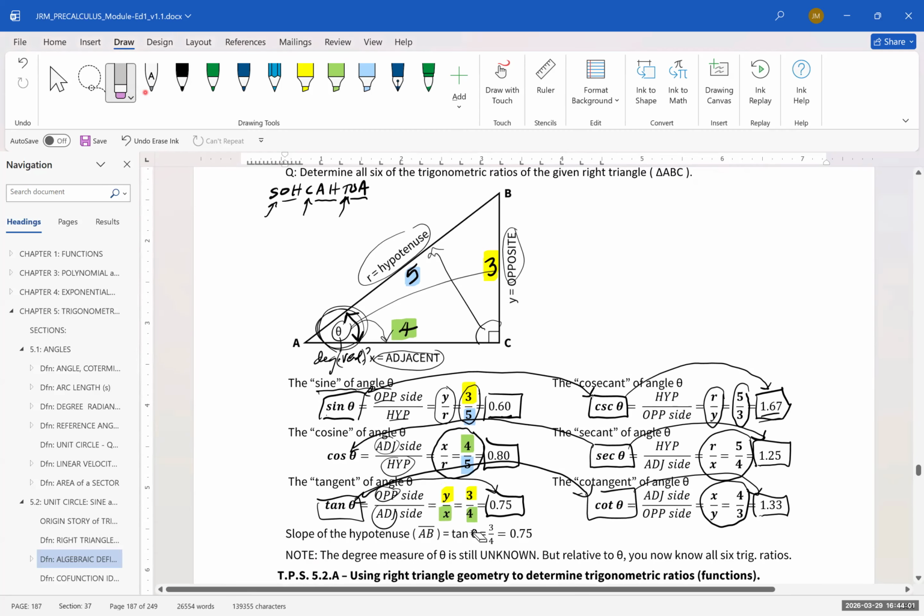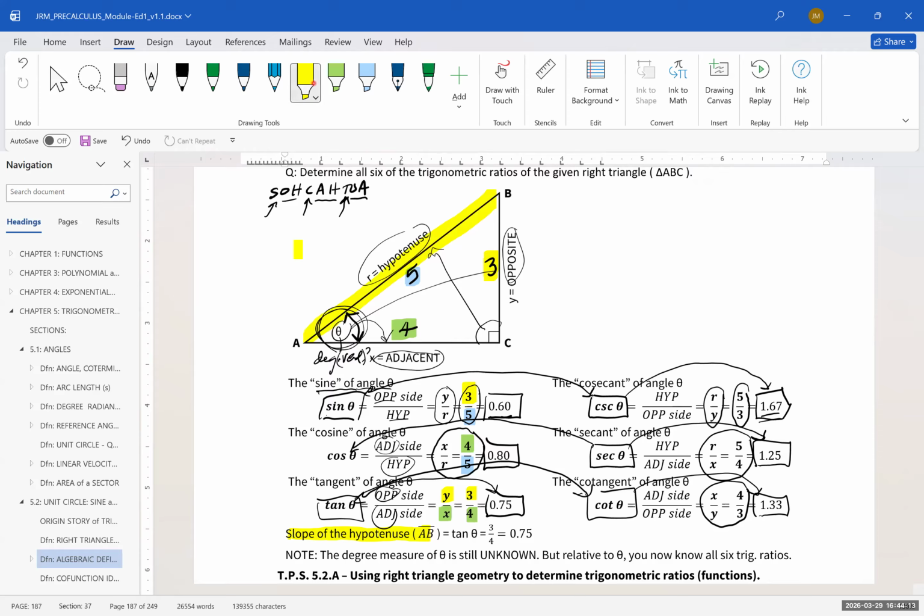Now let's say we wanted to know the slope of the hypotenuse. Here's the hypotenuse, and slope is rise over run. How much we rise is equal to the length of the opposite side, and the amount that we run is the length of the adjacent side.